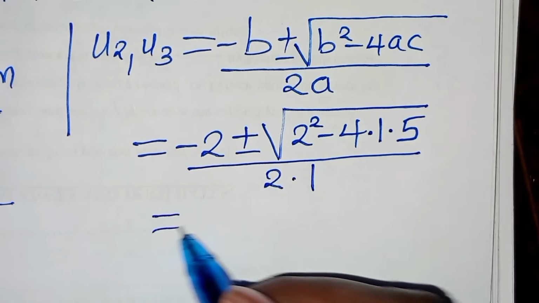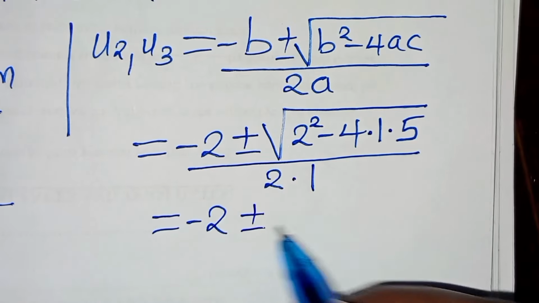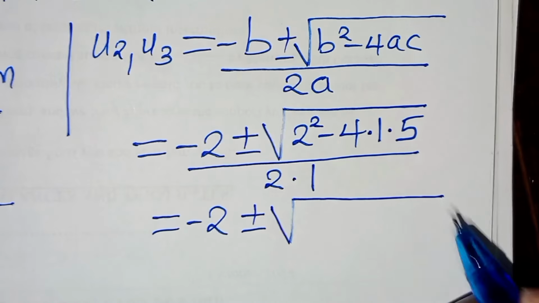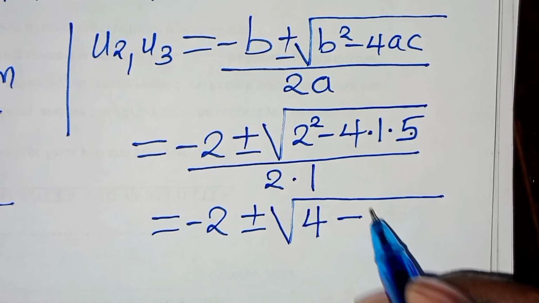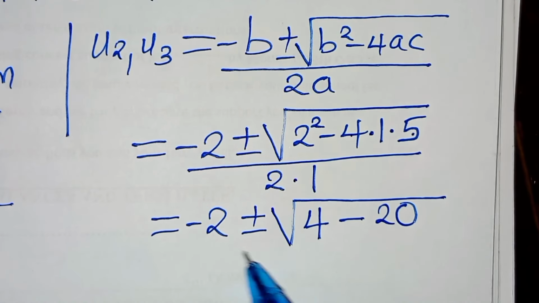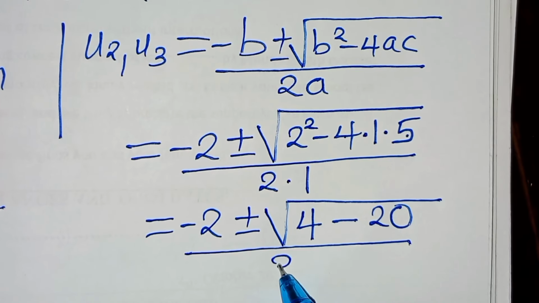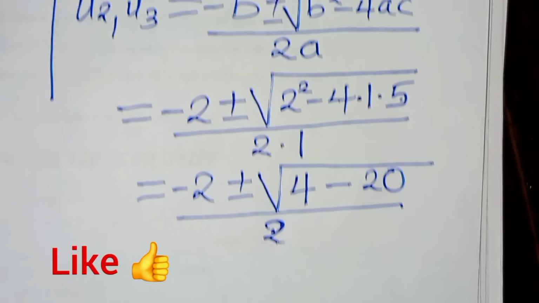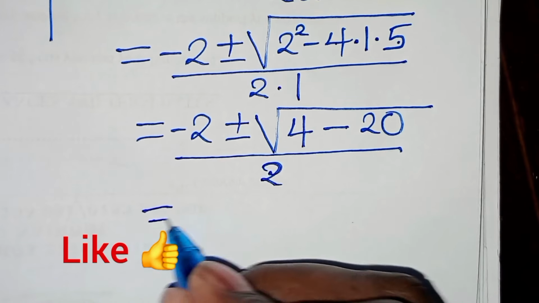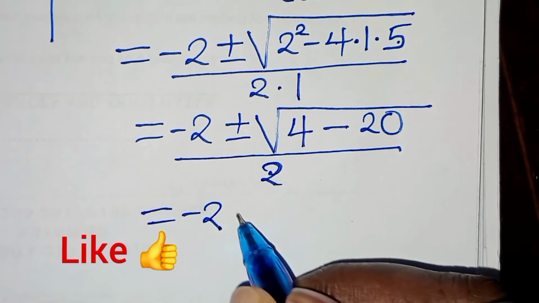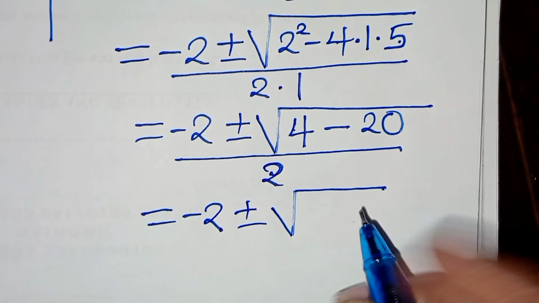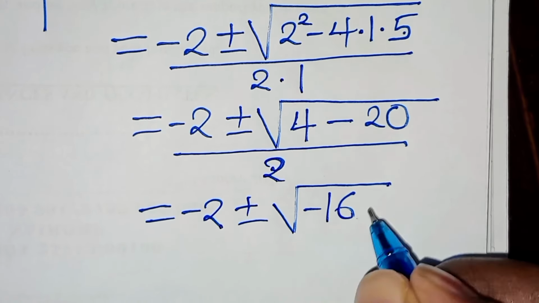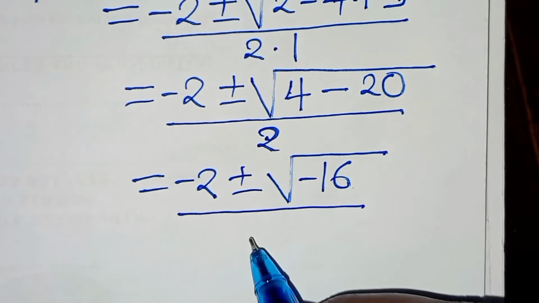So this implies that here we have minus 2 plus or minus the square root of 2 squared, this is 4, minus 5 times 4, this is 20. Everything here divided by 2. So this implies here we have minus 2 plus or minus the square root of 4 minus 20, this is minus 16. Everything here divided by 2.